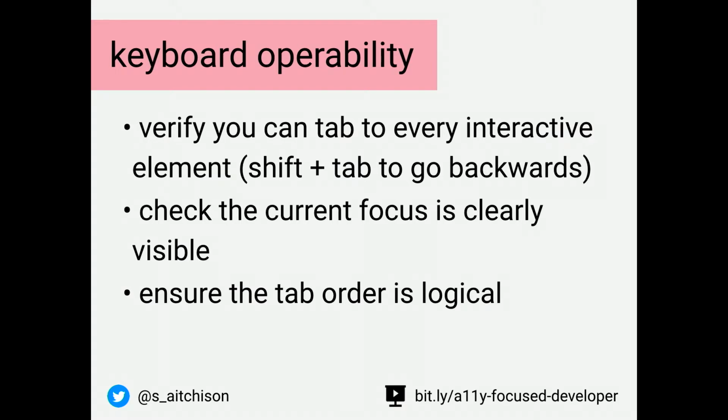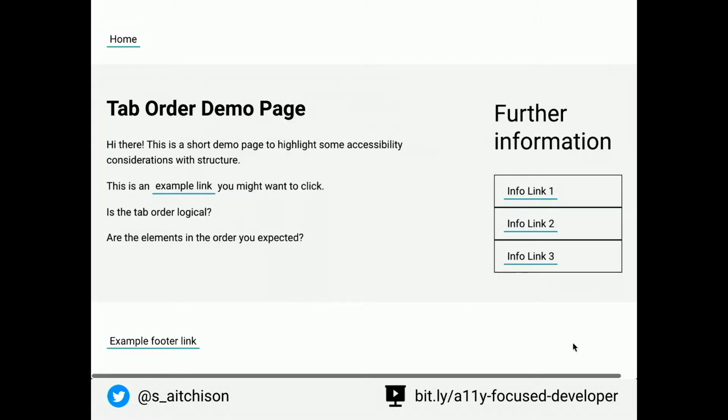As you're tabbing through the items, just check that the order that you're tabbing through them feels logical. And normally by that I mean sort of top to bottom, left to right, especially in this country. I've got a short demo of a bad example, which I did have to invent myself. So you see it goes from the header link to the footer to everything in the aside, and finally to the main content, which isn't what you would expect, I'm sure.